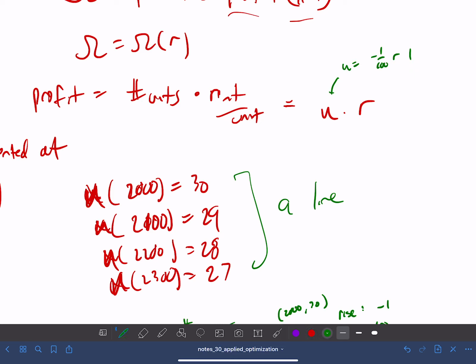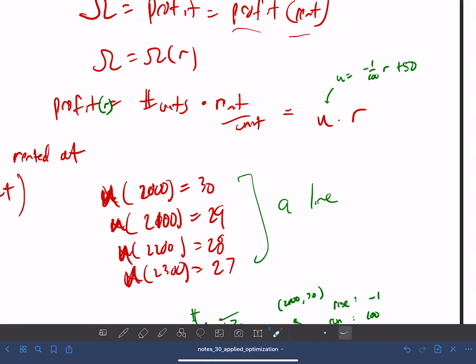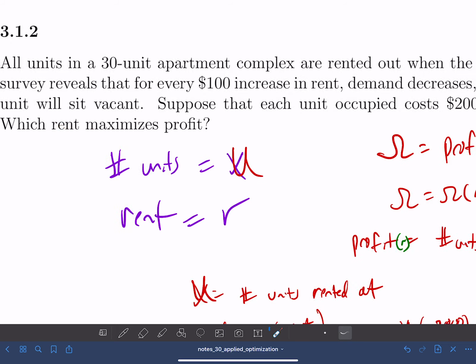So now I have profit as a function of the rent. That's good, because I wanted omega equals omega of r, because which rent maximizes profit? So my fundamental independent variable is the rent.